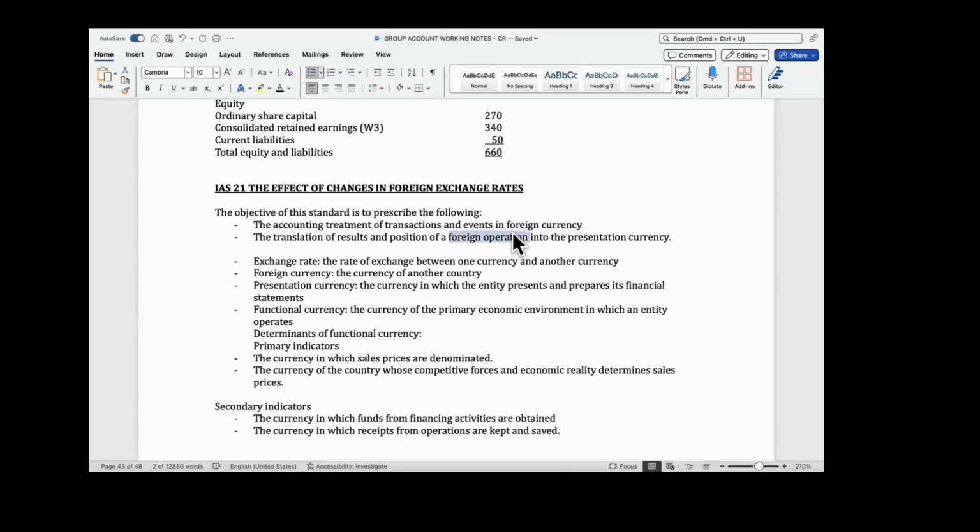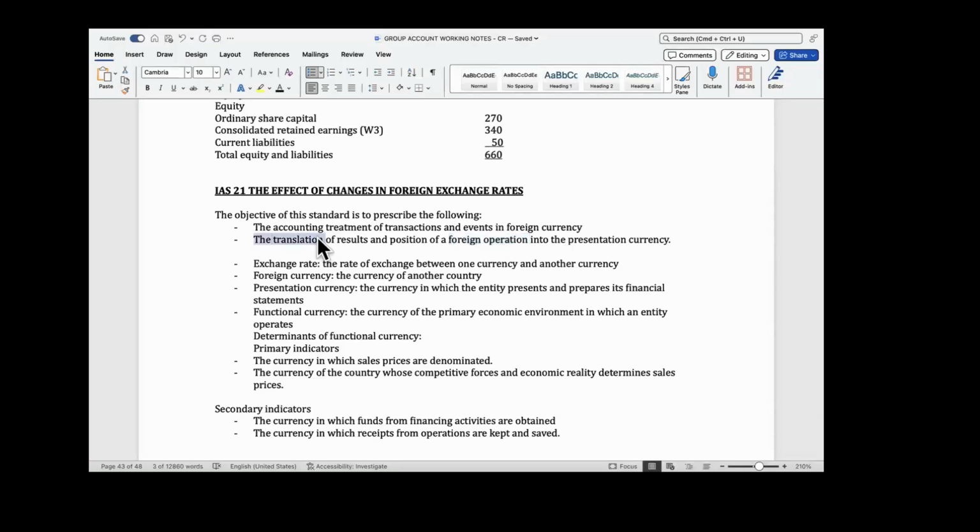And the foreign operation we want to look at tonight is that where the foreign operation is a subsidiary. So tonight, we are going to look at how do you translate the result and position of that foreign operation into the parent reporting currency or into the parent presentation currency.